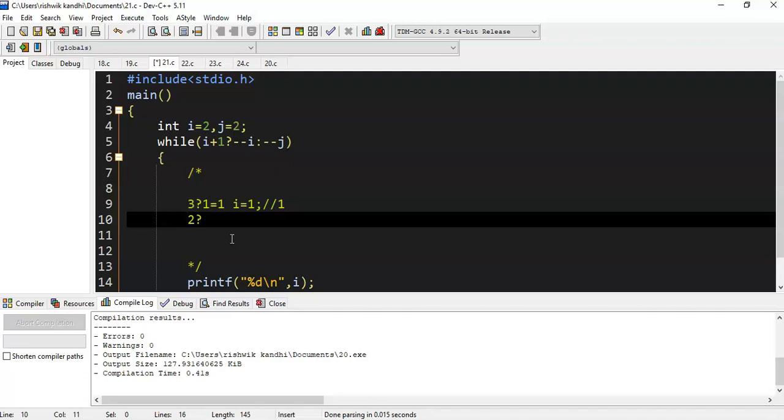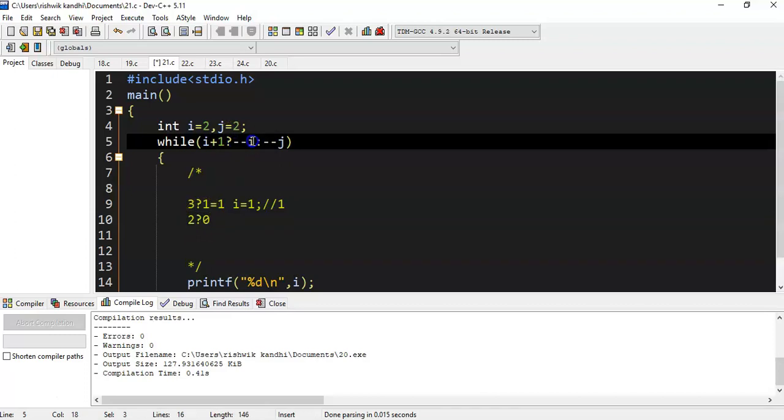As 2 is a true value, first expression would be evaluated, that is minus minus i. i is already 1. If minus minus i is evaluated, its value would be 0 and i also becomes 0. As 2 is a true value, you should consider the first expression as the output of this overall statement and second one would be ignored.